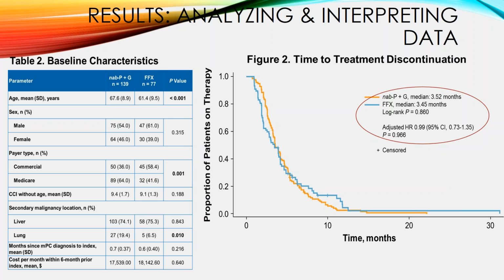So, going back to why we did this study, there was a difference in overall survival that people could just look at numerically, that FOLFIRINOX has an advantage. But if we look here at our time to treatment discontinuation, we see that there is no significant difference. So this is attacking that claim of overall survival advantage for FOLFIRINOX.